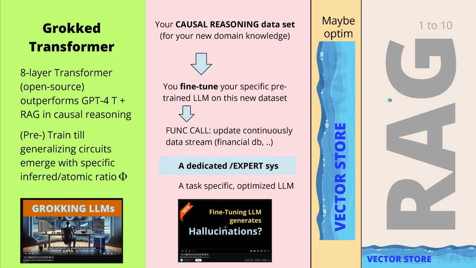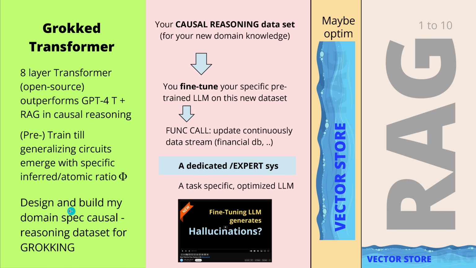Isn't that beautiful? We have, of course, now to pre-train the system till these generalizing circuits emerge within our transformer architecture. And we have to take care here about a specific inferred to atomic ratio, where I showed you in video number 2 how important it is to have the perfect data set and the perfect ratio of the data set.